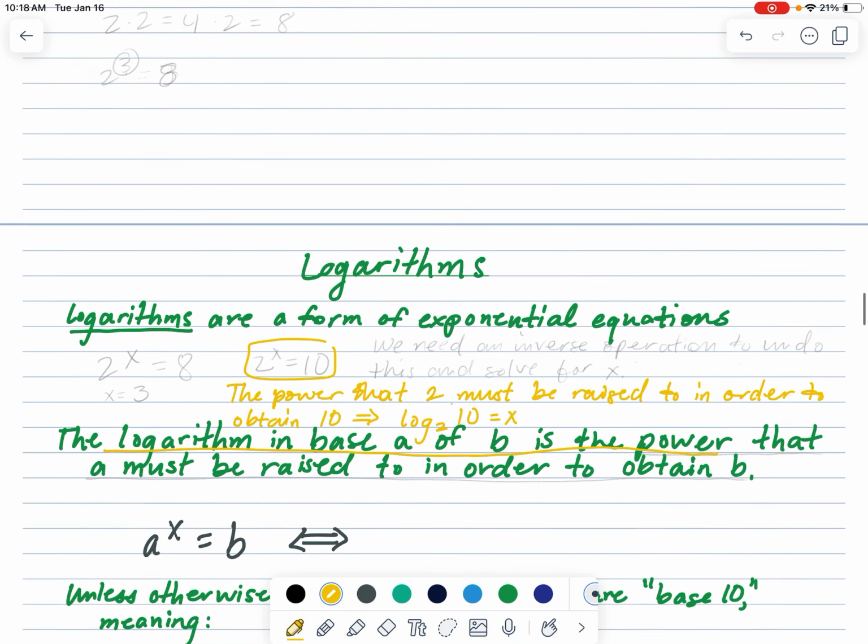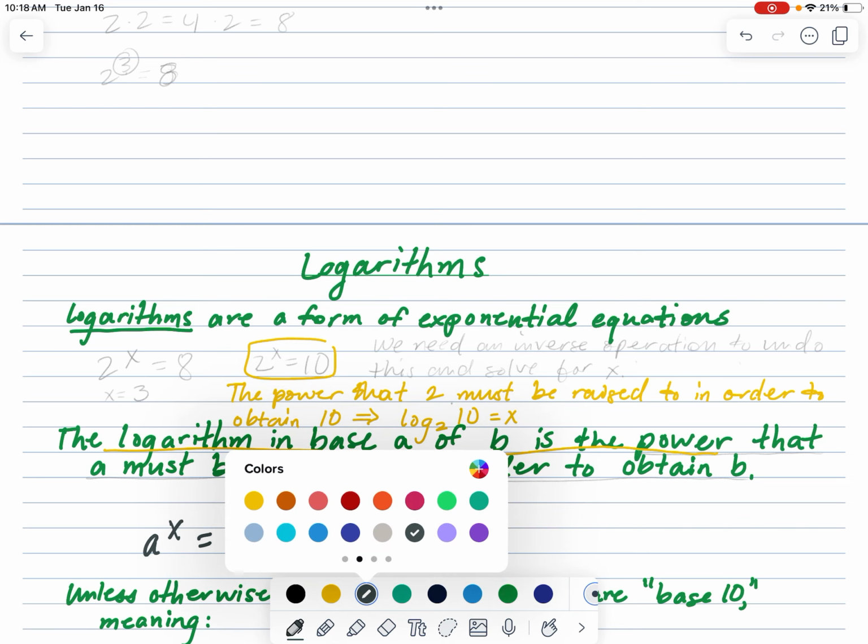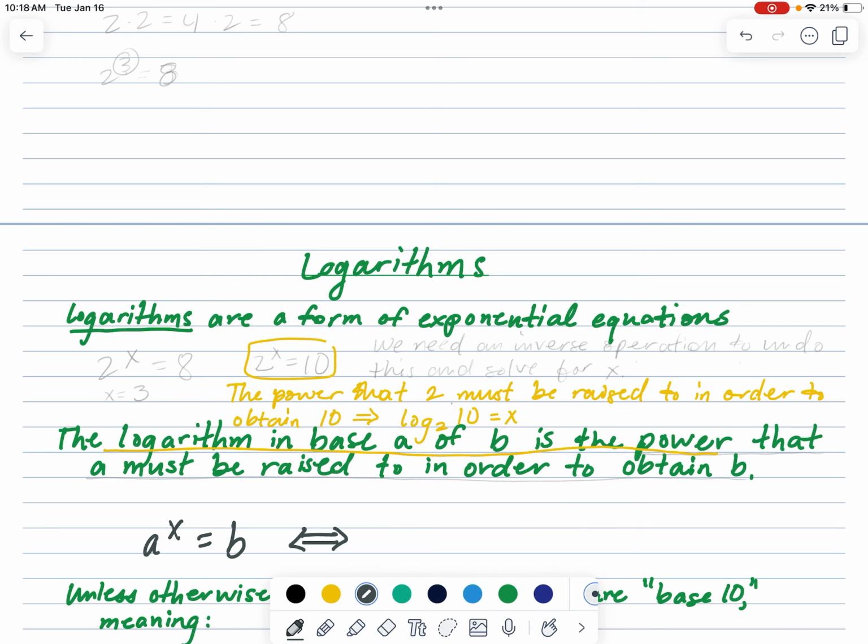If we move more generally, if we have any base exponent, a to the x power equals b, we can rewrite that in log form as log base a of b equals x.